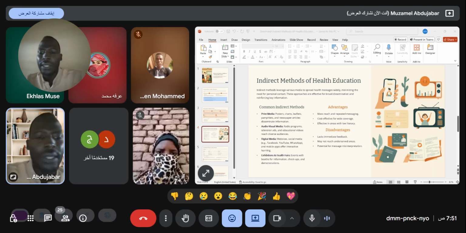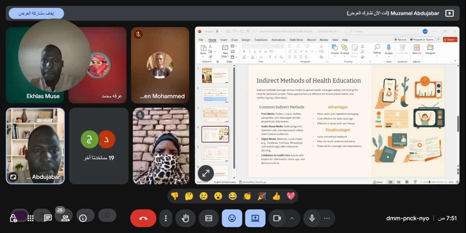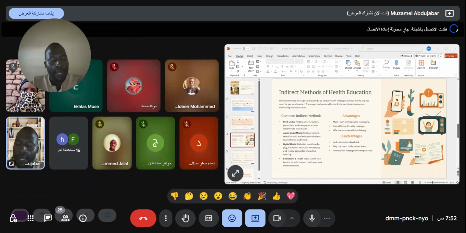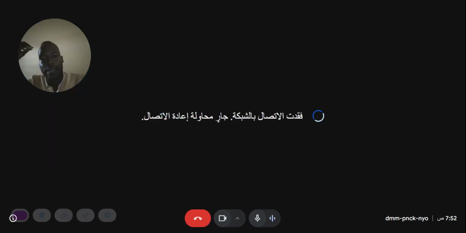Now let us see the advantages of the indirect method. One of them is mass reach and repeated message; you can send a message to a different or big group of people.